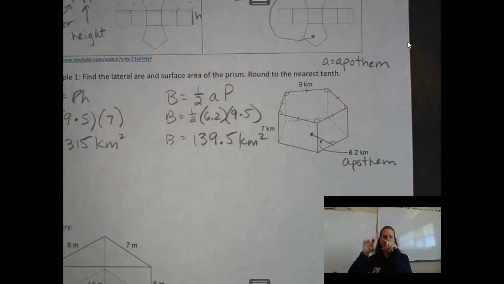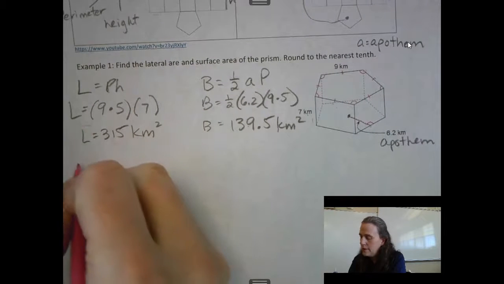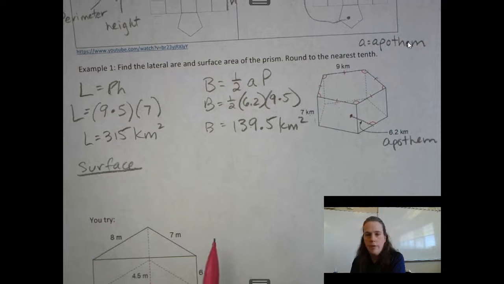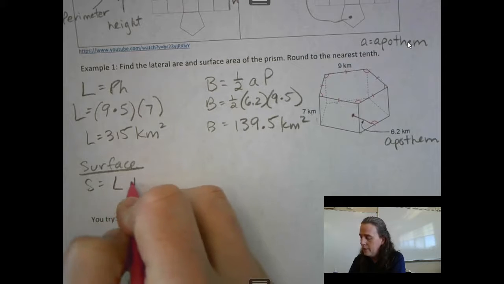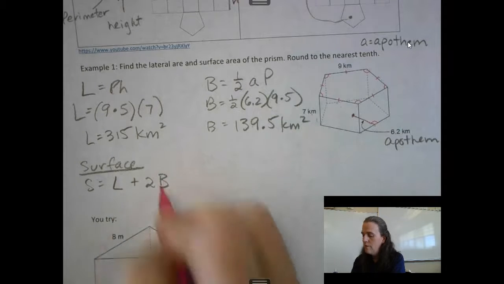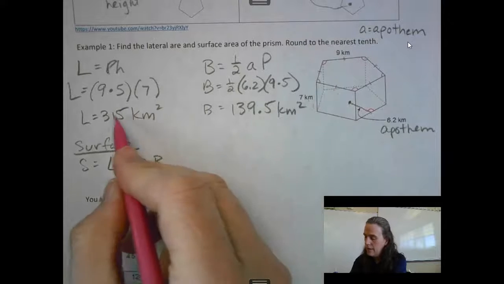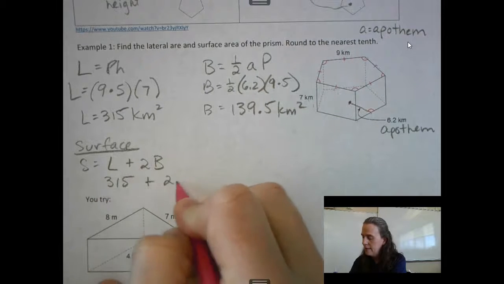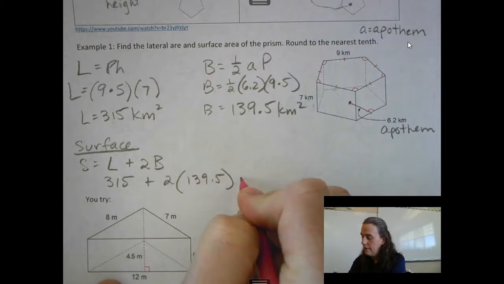Okay, so we know the area of the top and the bottom, the bases, and we know the area around the sides, the lateral area. Now let's do the surface area. Remember, surface area equals the lateral area plus 2 of the bases. So we'll put those numbers in there. Our lateral area, we said it was 315, and our base is 139.5.